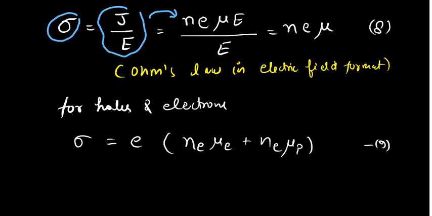For holes and electrons, we can write this, but we have different values of N and mu. So total conductivity will be given by sigma equal to N e mu e plus P e mu p. Here p is the number density for holes, and mu p is the mobility for holes.